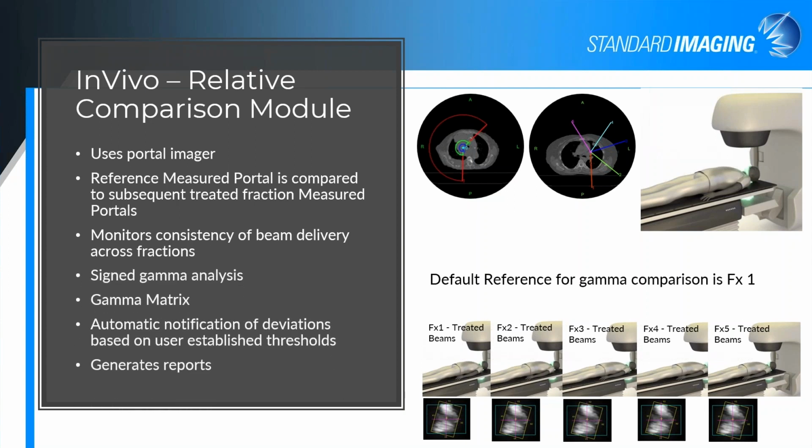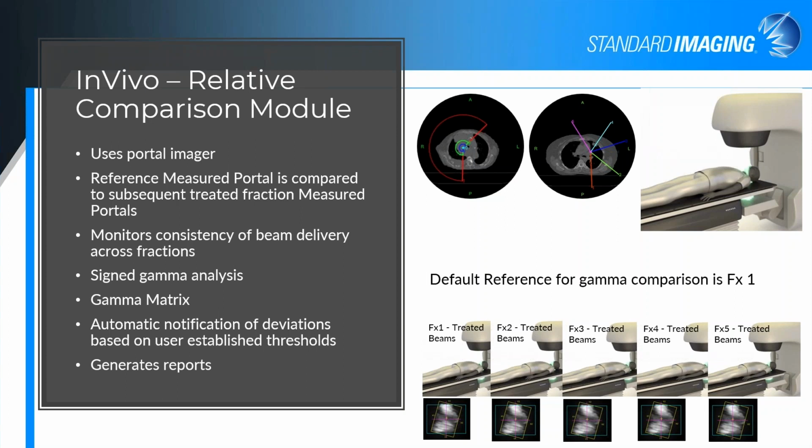So you do get the sine gamma analysis that we talked about. You get the gamma matrix, which I'm going to show you some images of later. It's an invaluable tool to basically assess a bunch of different gamma criteria all at once, so you can see when it's starting to fall off the cliff. And we'll get into that just a little bit more here in a few slides.